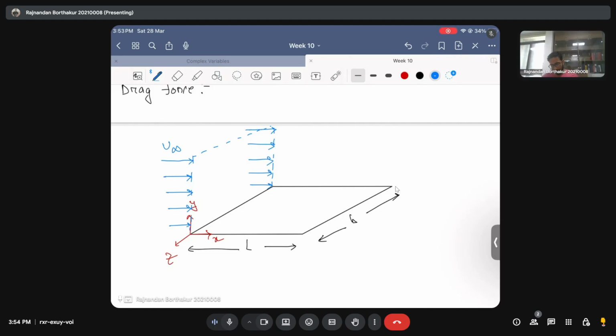Okay. All right, and then we know that there will be the growth of this boundary layer. On this edge also there will be a boundary layer that is formed. In the middle also there will be a boundary layer that is formed. And I know that at a fixed x, the boundary layer profile will look something like this.